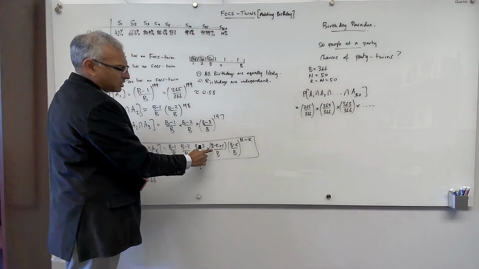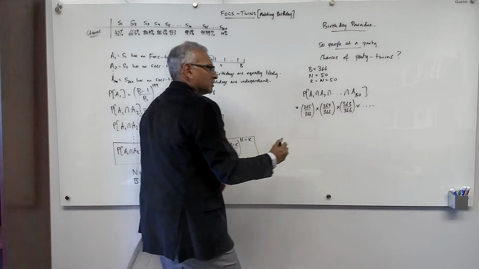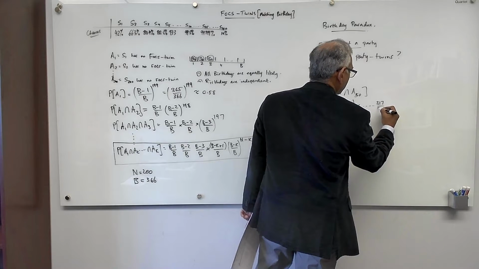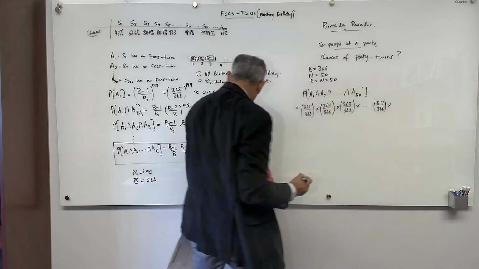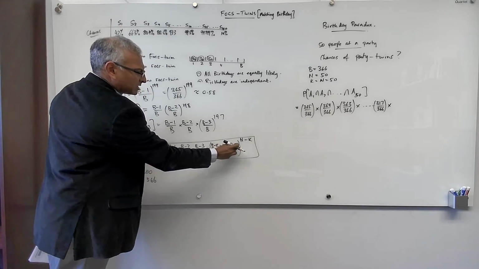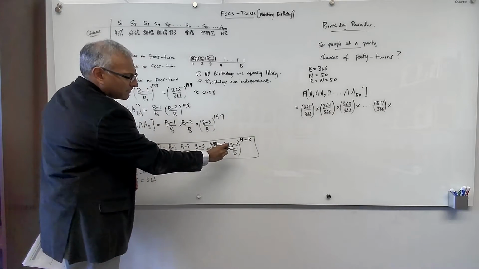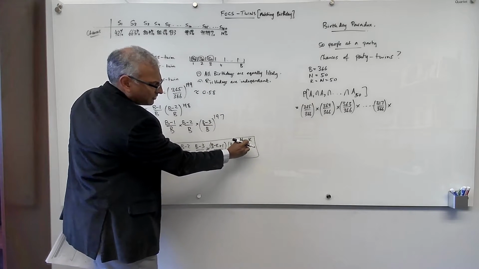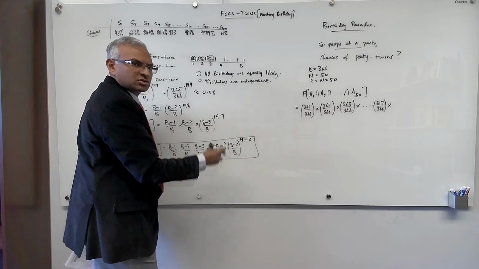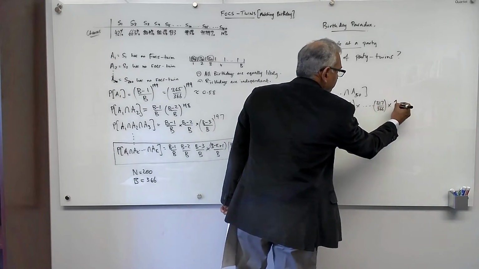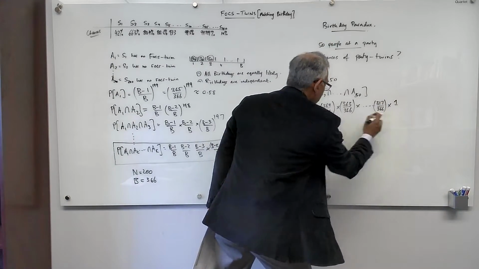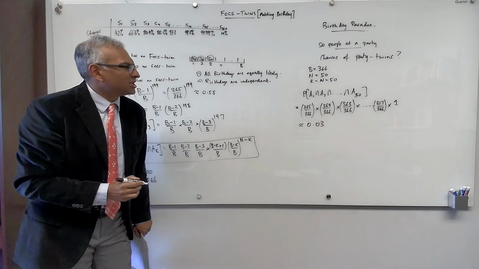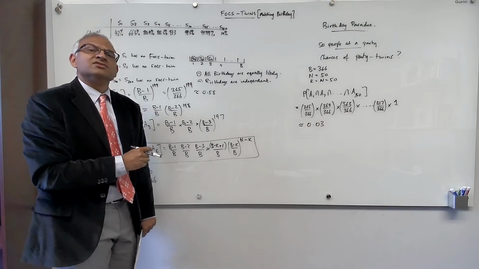We keep going up to 366 minus 50 plus 1, which is 317, over 366, times (366 minus 50) over B. But that's all irrelevant because N equals K, so 50 minus 50 is 0. So this is something to the power 0, which is 1. So times 1. And if you compute this number, it's approximately equal to 0.03. So the chances of no party twin is 0.03.